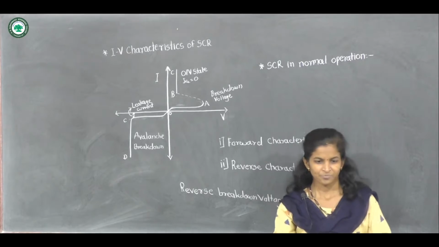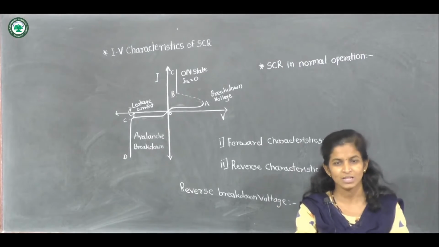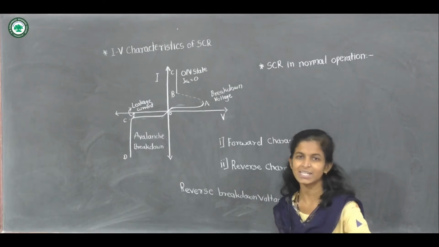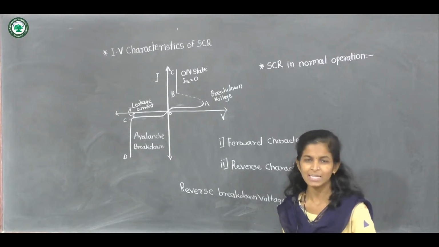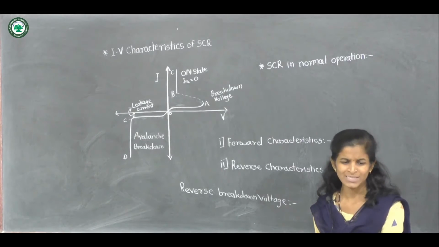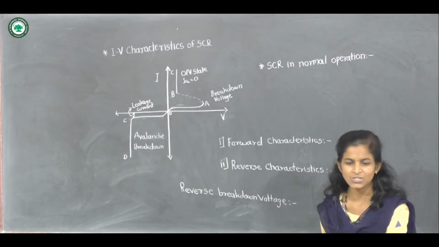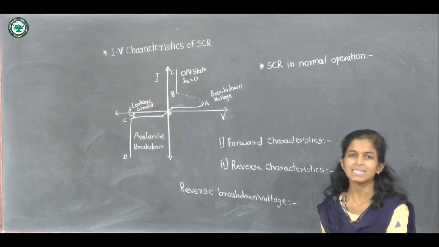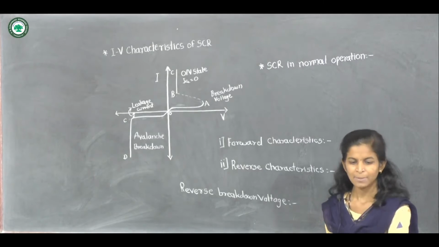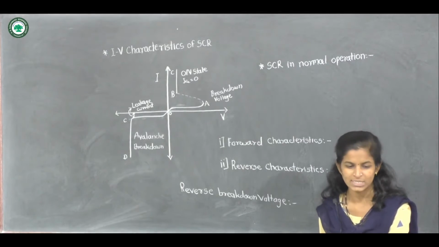The first point is that the supply voltage is generally much less than the breakover voltage. The next point is that the SCR is turned on by passing an appropriate amount of gate current and not by the breakover voltage.